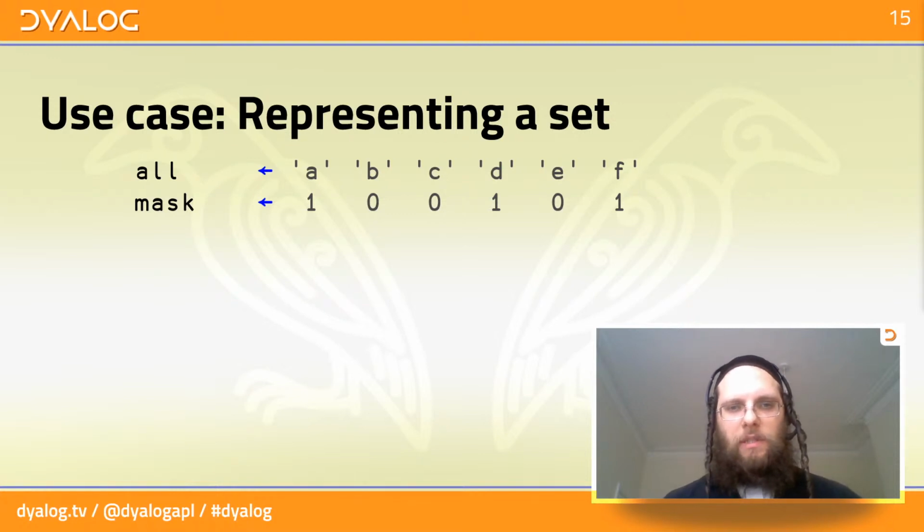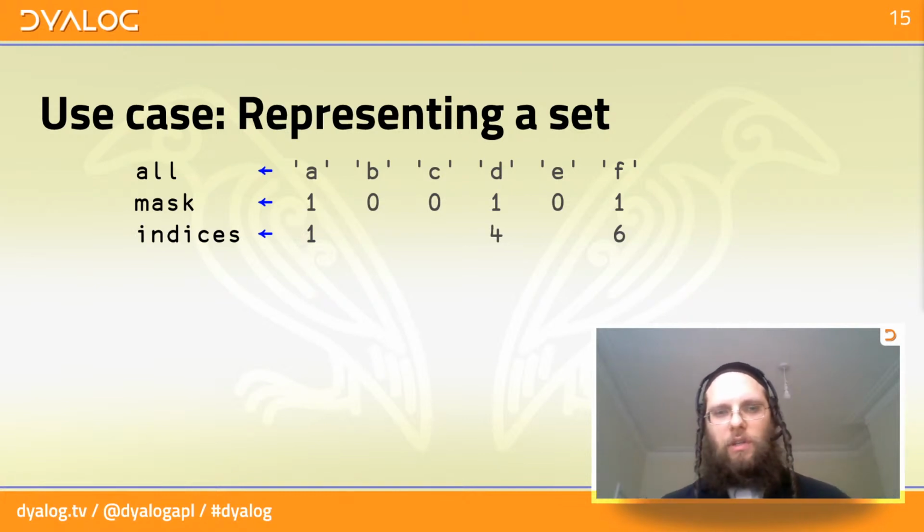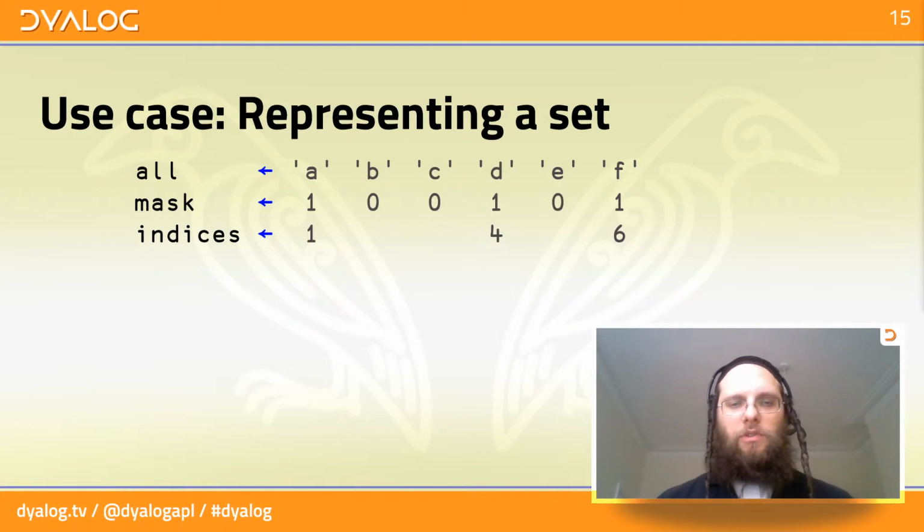A different way of representing the exact same set is with indices. So instead of saying for each member of the full set whether it's included in the subset or not, we are referring to the elements of the set in their order by their indices.